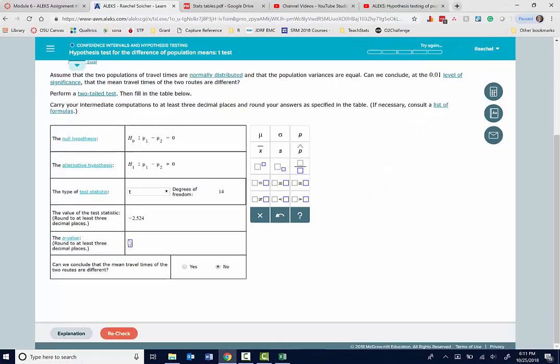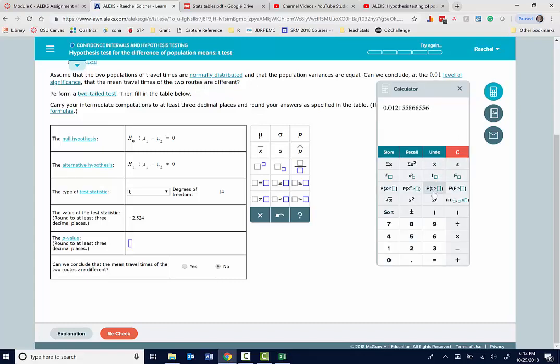To find the p-value, remember in a two-tailed test, we're looking for a number that's to the left of our test statistic, here negative 2.524, but we are also looking for any value that would be greater than the positive version of this number, so greater than 2.524. And when we look at the ALEKS calculator, it only has a greater than sign.